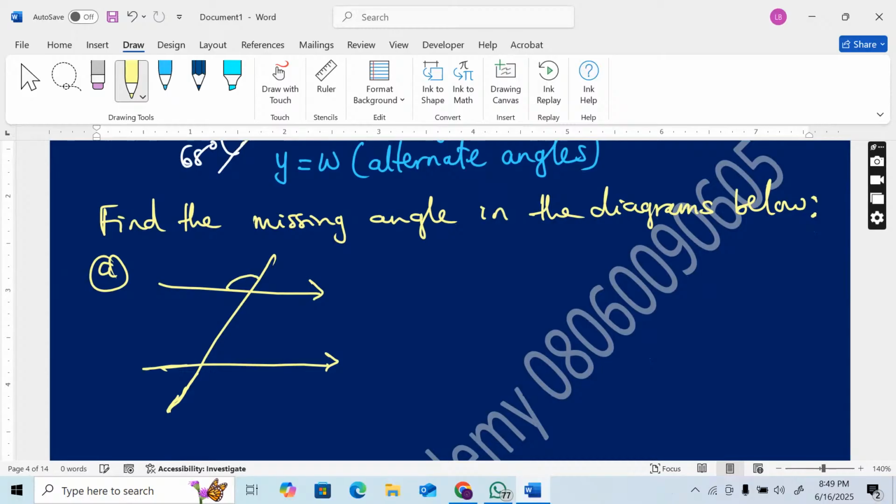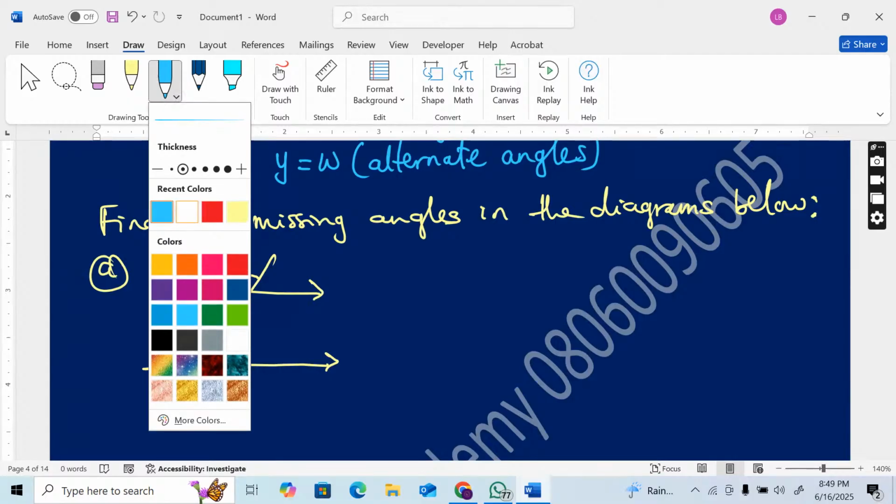Now, this angle is 110 degrees. You have to find this angle, angle H, and you also find angle K. Now, what is angle H and what is angle K? If you look at it very well, you will see that angle H and 110 degrees are angles on a straight line.